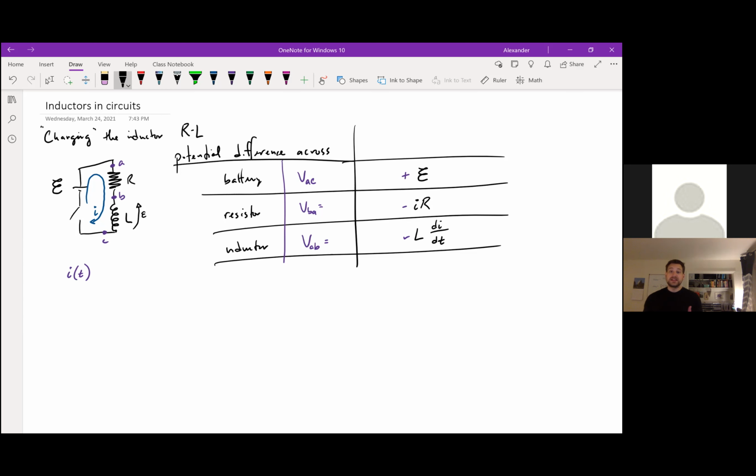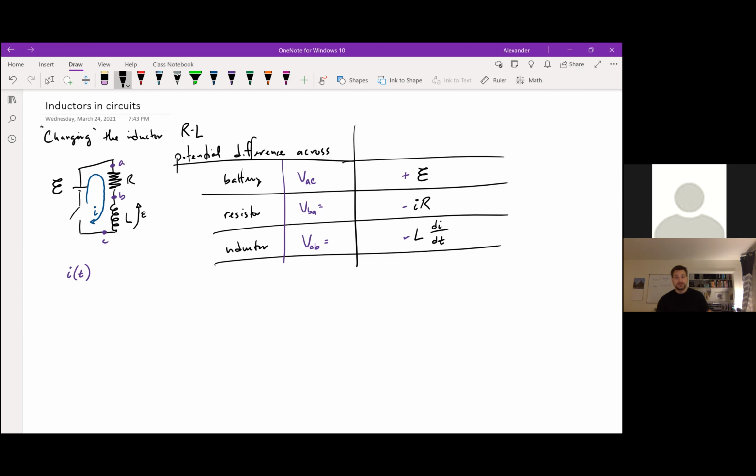So if we wanted to represent the potential difference across the inductor as a result of the changing current through it, again, we would use a minus sign to account for Lenz's law and for the direction of the induced EMF.